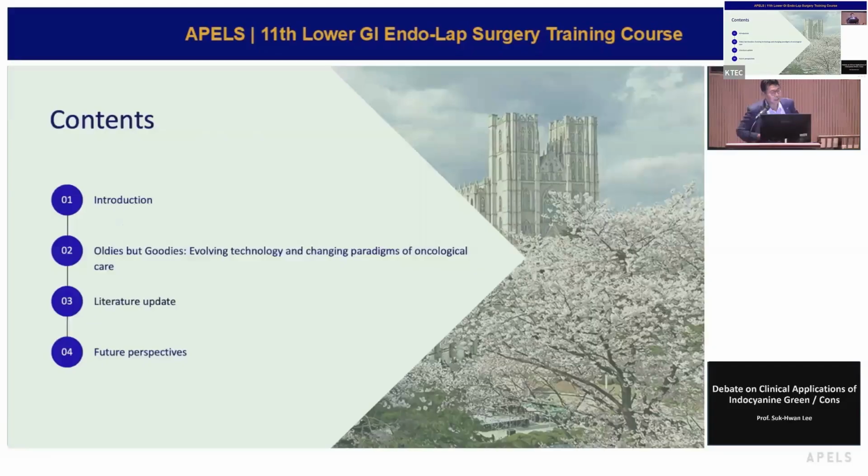After ICG and infrared fluorescent image technology were introduced recently, I just thought all of this was old goodies.